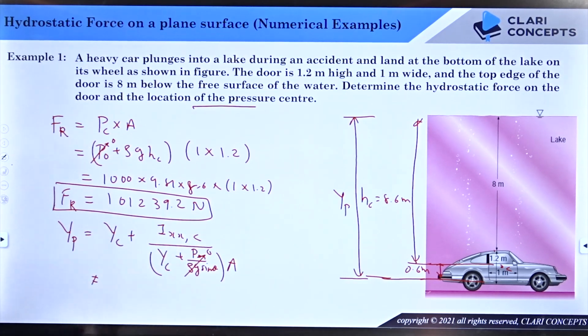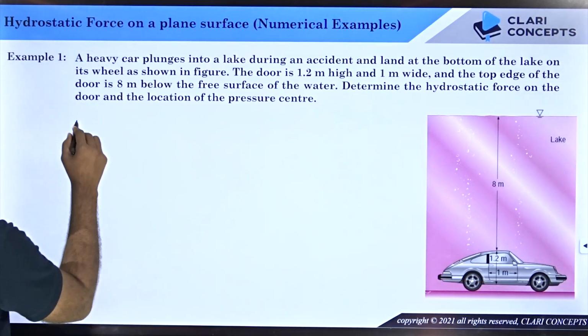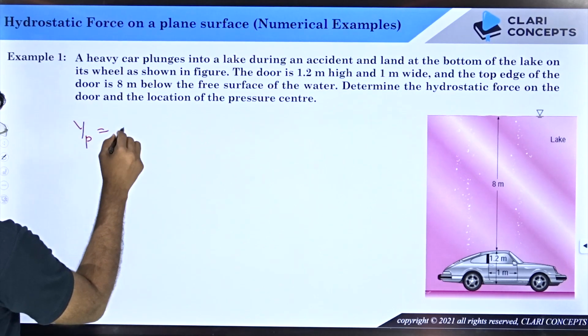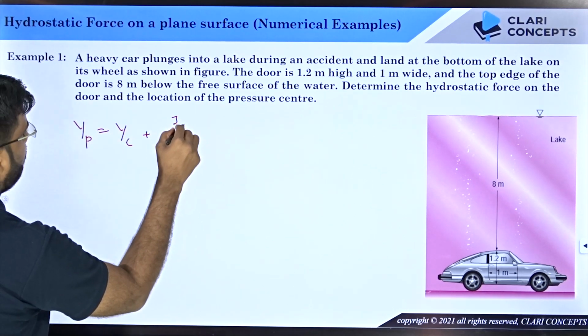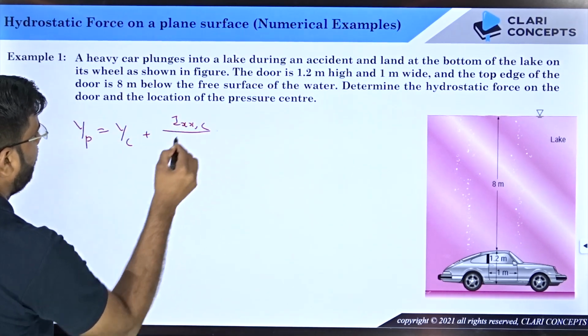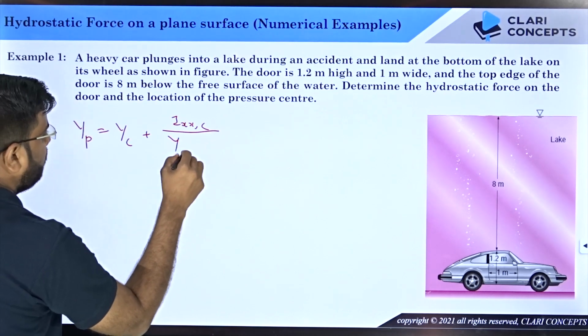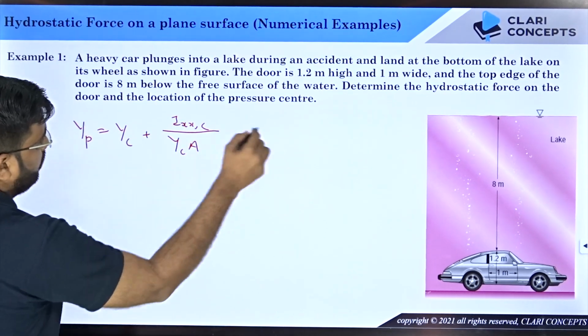So this formula will boil down to Yp equals Yc plus Ixx from the centroid point divided by Yc into A. Now just find out these values.